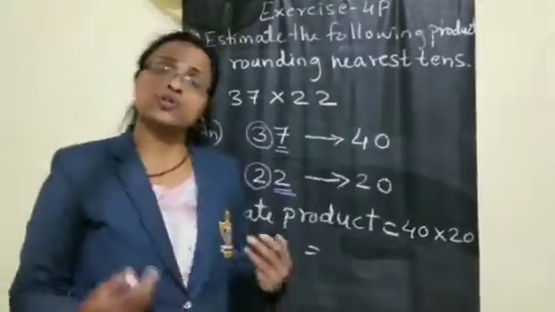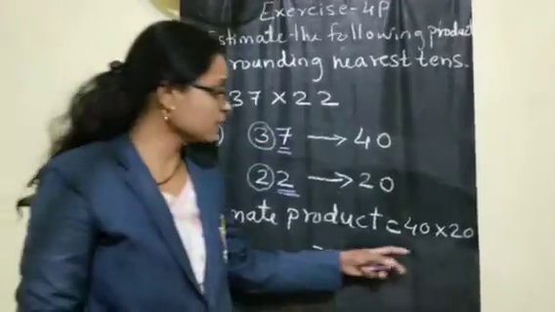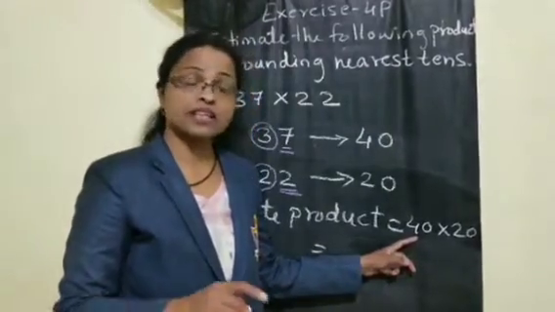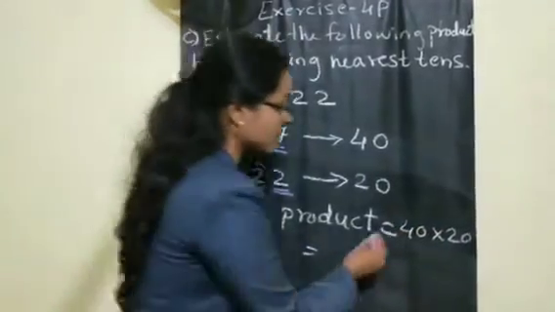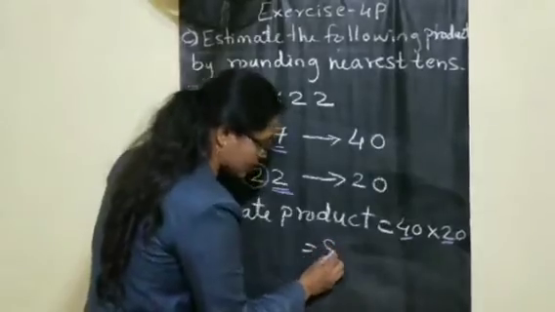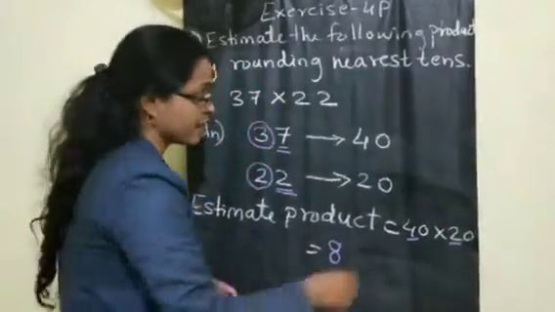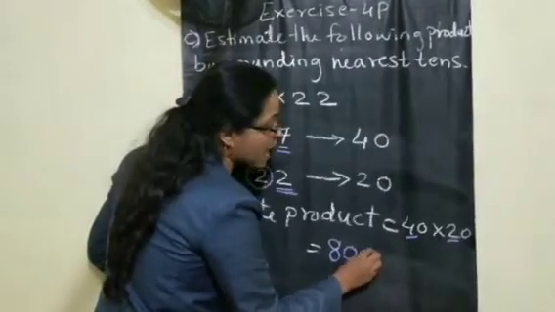And as you know from your previous class, we have learned that any number multiplied by 10, 20, 30, 40 and so on, we directly multiply number by number. 4 times 8. Then we insert both the zeros on the right hand side of the answer.